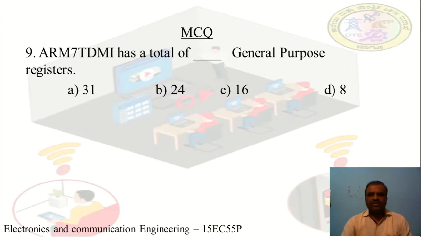Next question, ARM7 TDMI has a total of dash general purpose registers. Option A, 31, option B, 24, option C, 16, option D, 8. The correct answer is 31 general purpose registers.